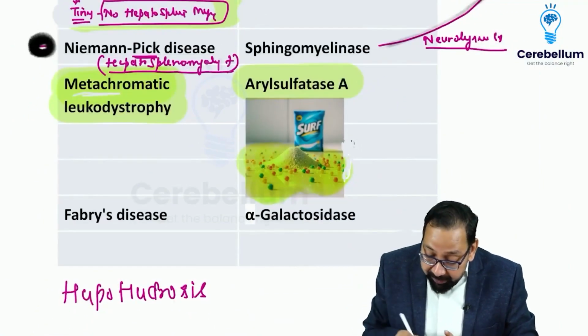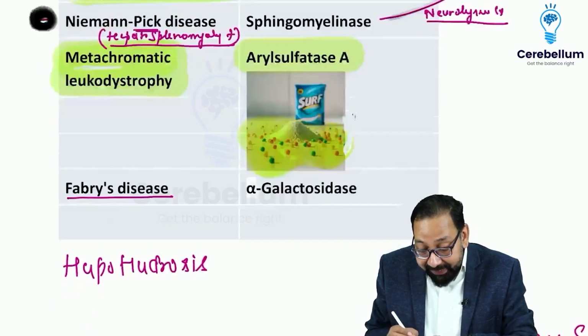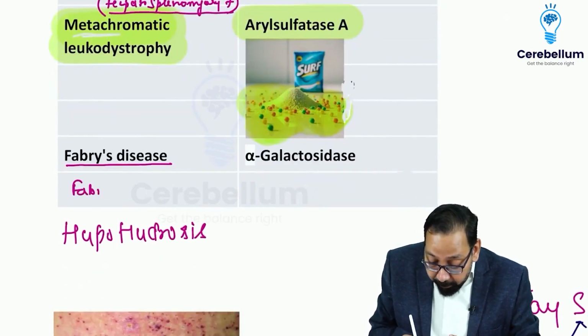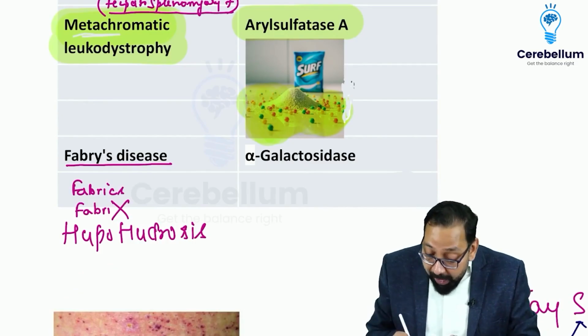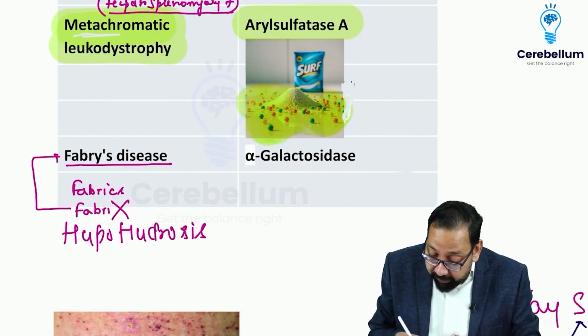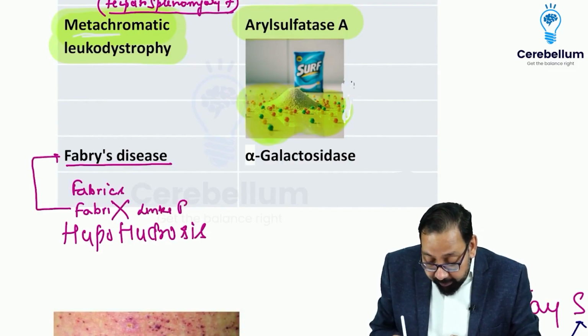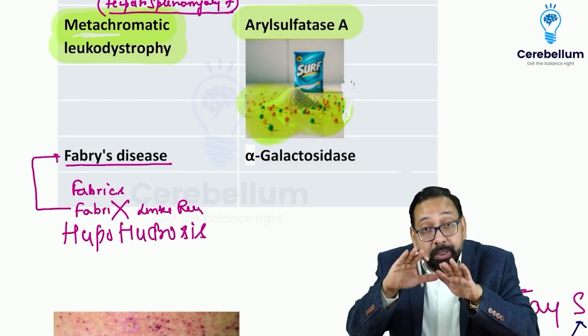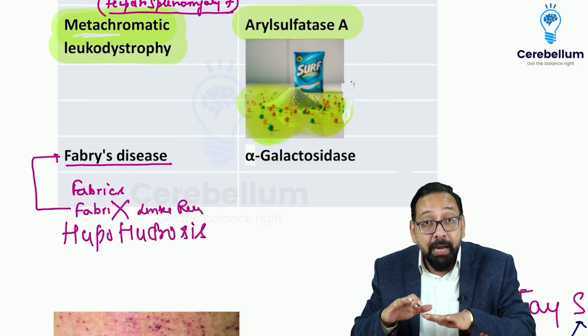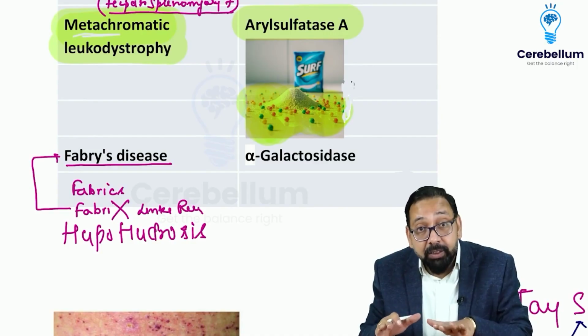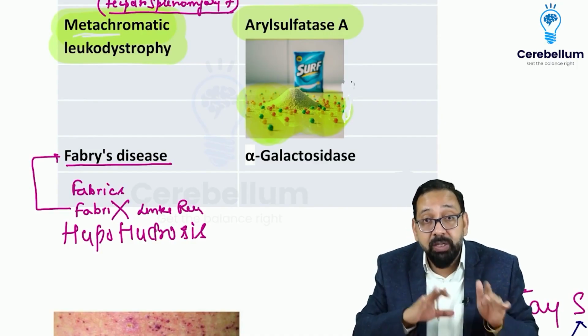Now Fabry's disease, I will remember Fabry's as fabrics. So X means Fabry's disease is X-linked recessive. All other sphingolipidoses I have discussed till now and will discuss are autosomal recessive.